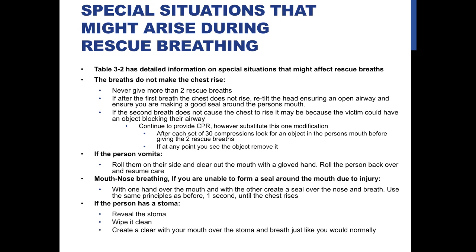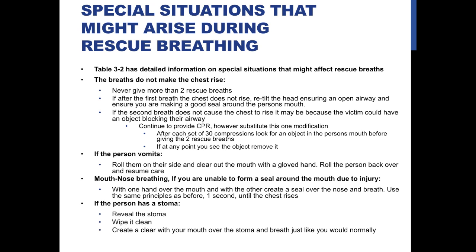Next is mouth-to-nose breathing. You only do this if you're unable to form a seal around the mouth due to an injury. With one hand, you're going to place that over the mouth, closing that mouth off. Make sure you do so with a gloved hand. As I mentioned, this is most likely an injury, so there could be a lot of blood in that situation.